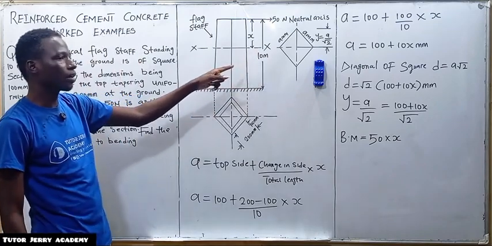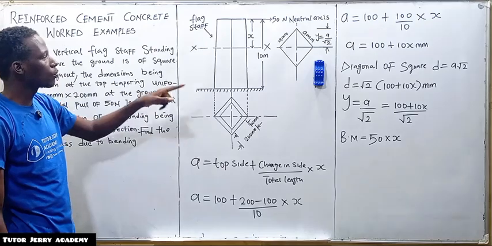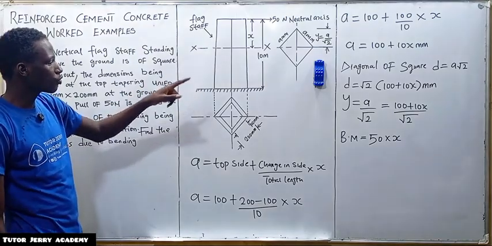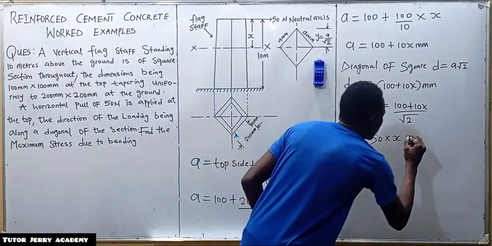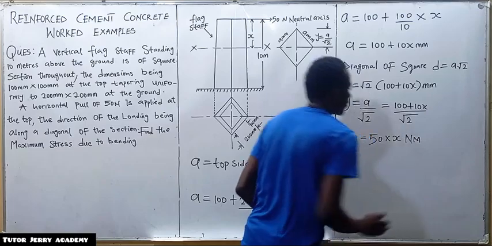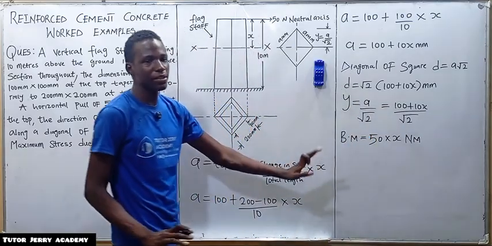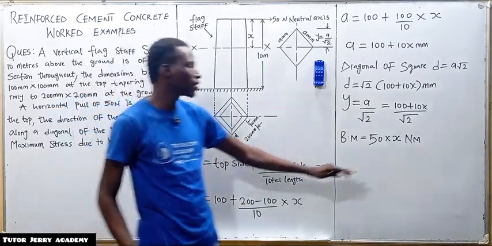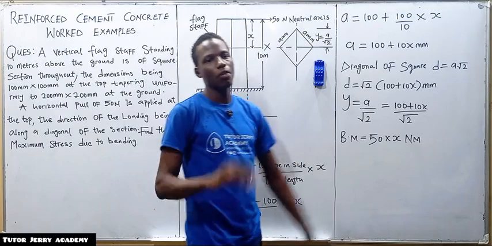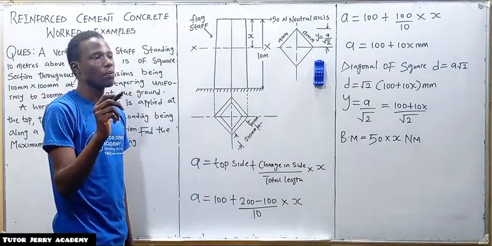Now I'm multiplying it by x, and our unit here is in meter, so we need to convert meter to millimeter. Initially what we have is newton meter, since our x is in meter and our 50 is in newton. To convert this to millimeters, I will multiply by 10 to the power of 3.